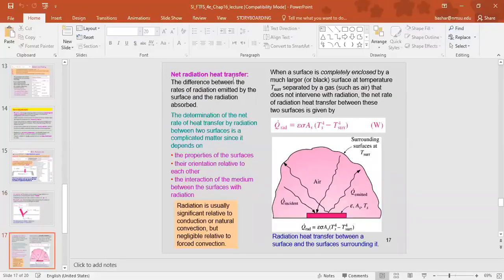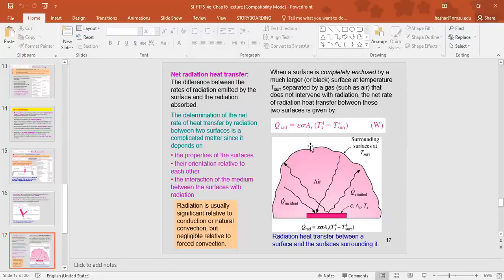For the net radiation heat transfer, consider a general solid surface that radiates heat, while at the same time there is also radiation incident on the surface itself. The net radiation heat rate is given by this equation, assuming the surface has heat coming from the surroundings.